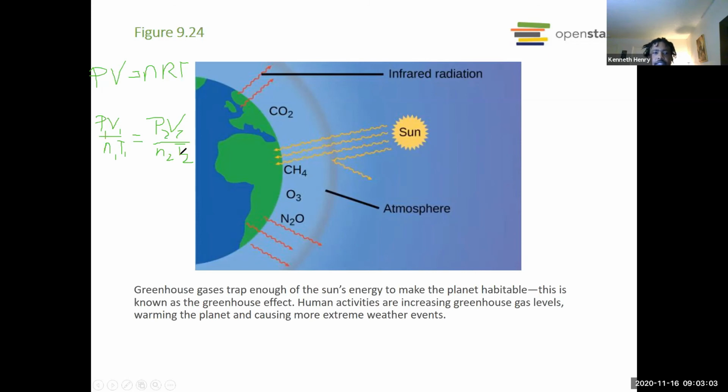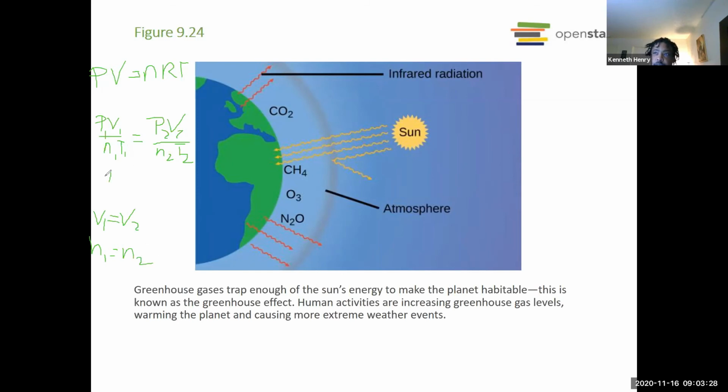Earth's getting hot, global warming and all that. Our volume is going to be constant, and the number of moles is going to be constant. So we have V1 equals V2, and n1 equals n2, so we can cancel them out.